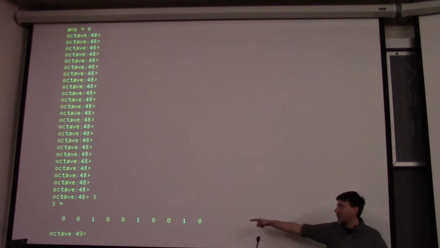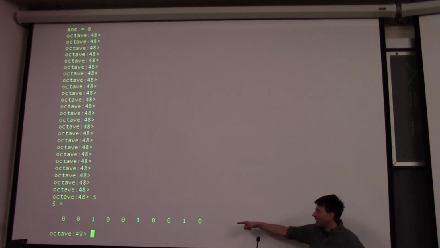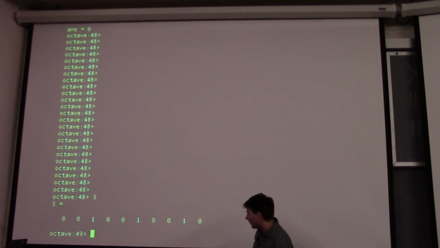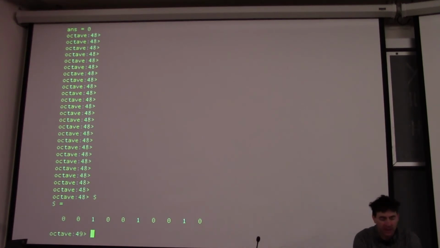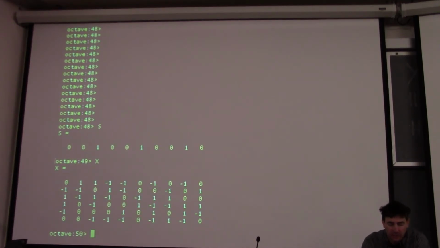Okay, so here's my signal S. It's some sparse thing. D is 10, and I've got only 3 bits here. Then this is my measurement matrix X, and Y is going to be X times S transpose.